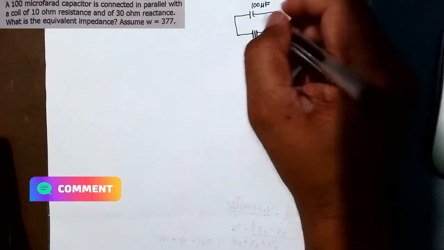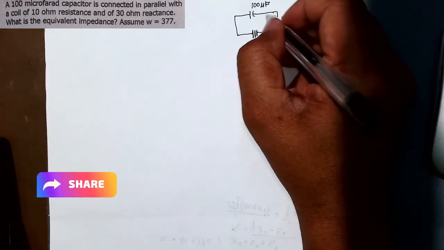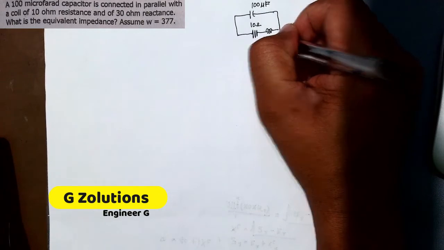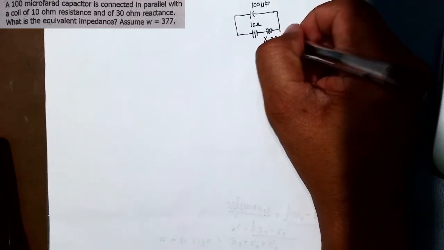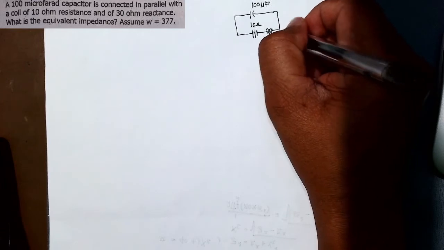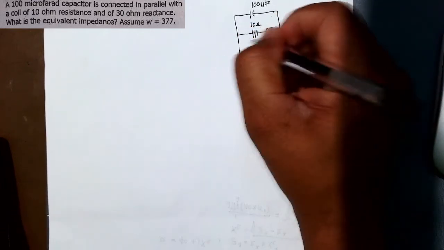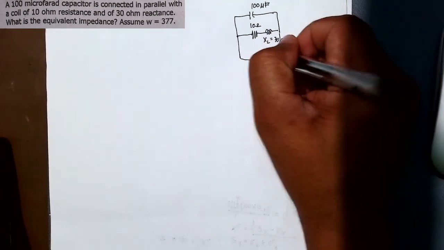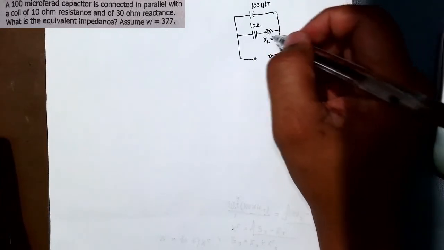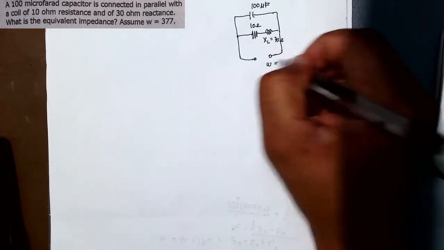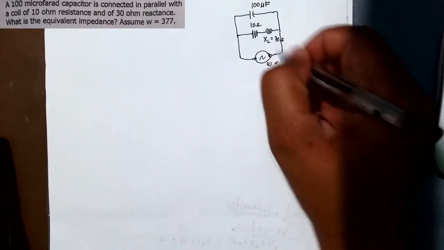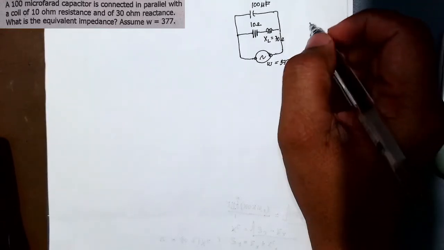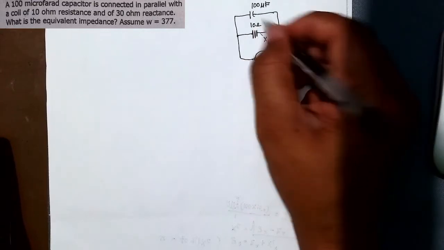It says here that there is a 10 ohm resistor and a 30 ohm reactance. Now omega is 377. So we are tasked to get the equivalent impedance of this circuit.